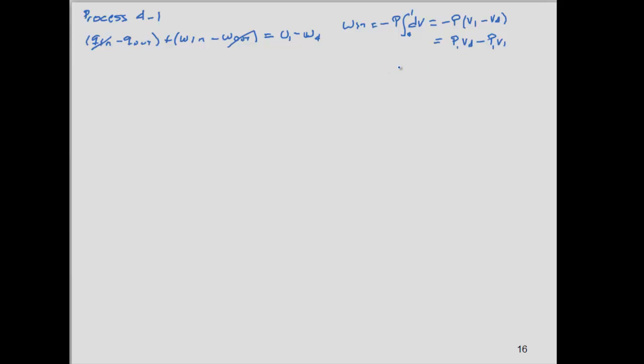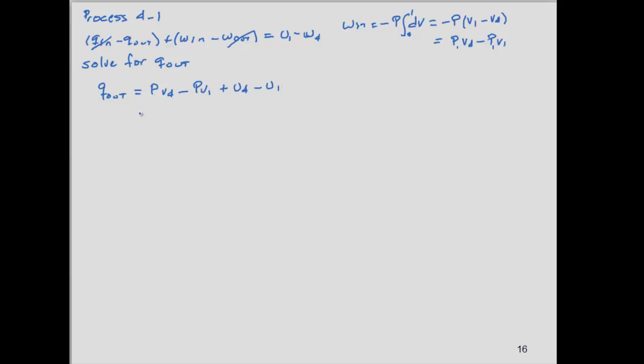This pressure we can mention P1 is the same. So if we substitute here and solve for Q out, we'll have P V4 minus P V1, and we pass this the other side, so it will be plus U4 minus U1.